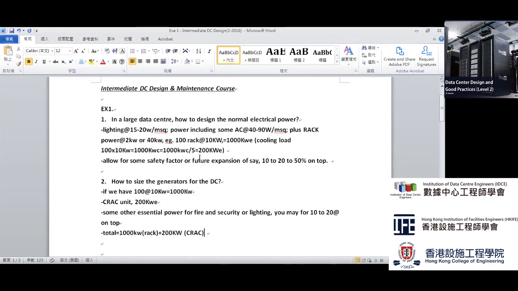The 200 comes from here, 200 kilowatt E. So that adds up to 1,200 kilowatt electric. And then you multiply by the actual one, right? Actual one.